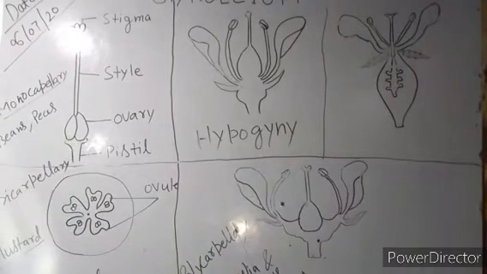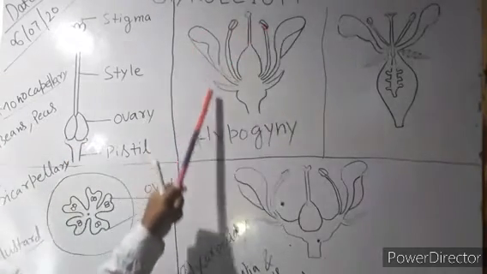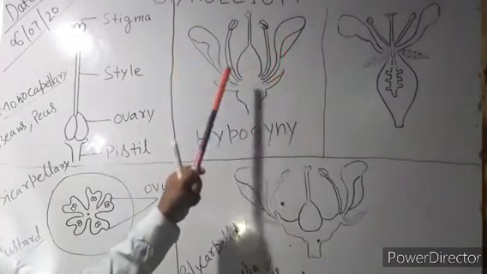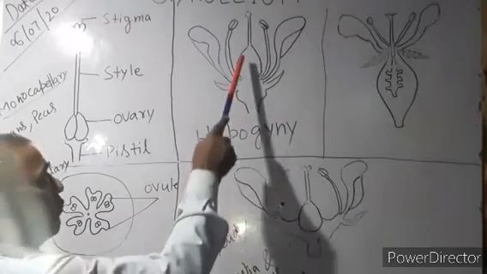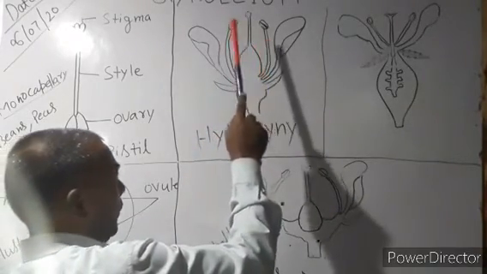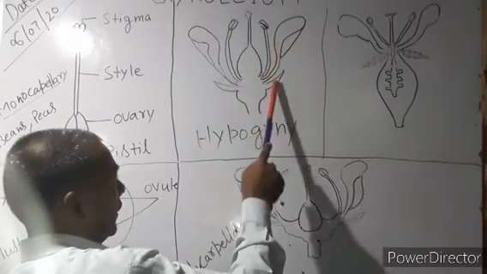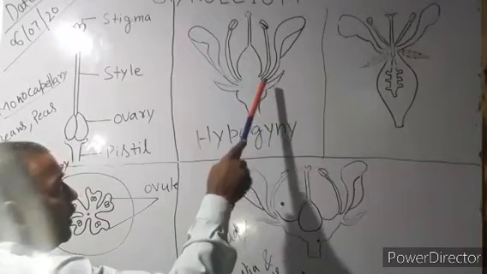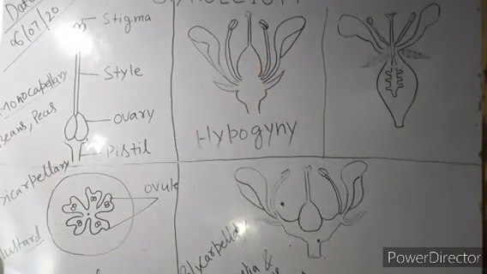is that there is one thing to be remembered here, and the figure tells you most of the things. That is, the four whorls, or you can say stamen, petals, and sepals, these three whorls are just below the ovary.